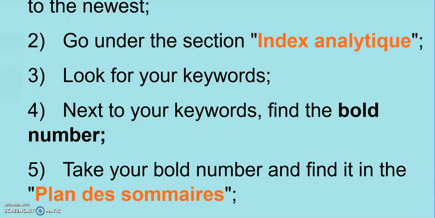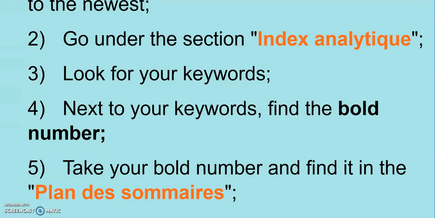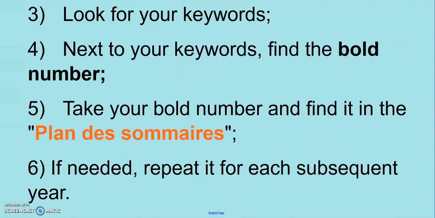Once we found the keywords, we look for the bold number. We take the bold number, we go back to our plan des sommaires. And in plan des sommaires, what are we going to find? The case summary and the reference to the names and case at the end. So for now, we're just going to do an exercise just to practice this search method, and we're going to use only names of parties.